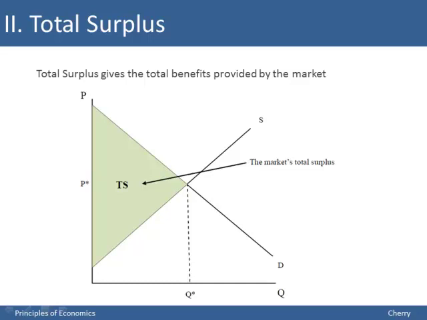Right? So the supply curve represents the cost of the activity. The demand curve represents the benefits or the value of that activity. And the difference, the value minus the cost, represents the benefits that society enjoys from this market activity.